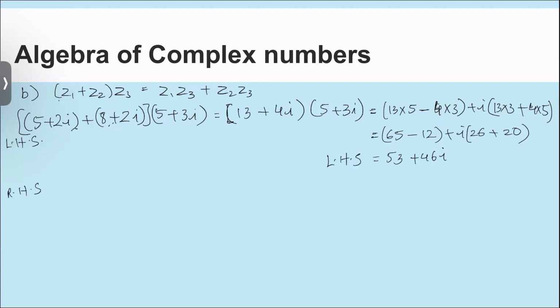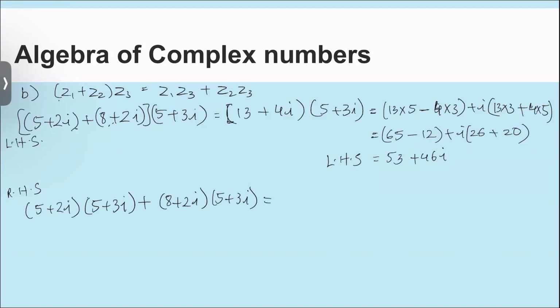So that is the simplified version of Z1 plus Z2, the whole brackets multiplied by Z3. So you have Z1 multiplied by Z3, so that is 5 plus 2i, times Z3, which is 5 plus 3i, plus Z2, which is 8 plus 2i, multiplied by 5 plus 3i.